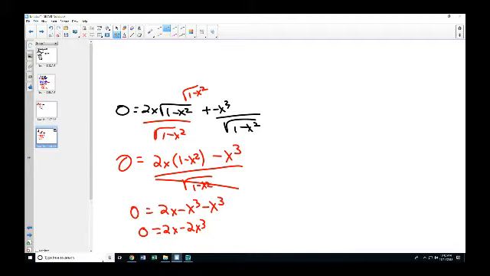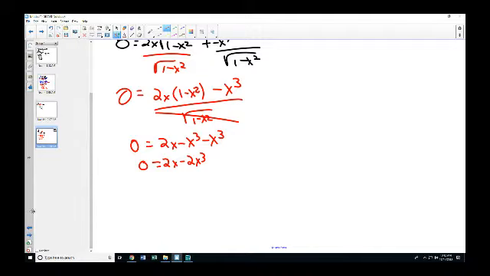You can factor an x out, then you have a difference of two squares, and you get your algebra. So factor 1 minus x, 1 plus x. So x is 0, negative 1, or 1.